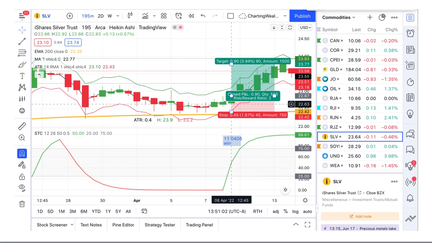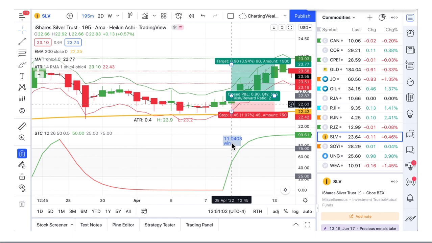So let me give you the way that we jump into trades and how easy it is to utilize this type of training. Now, what we look for, and this is a successful trade I just did as I record this in mid-April 2022.